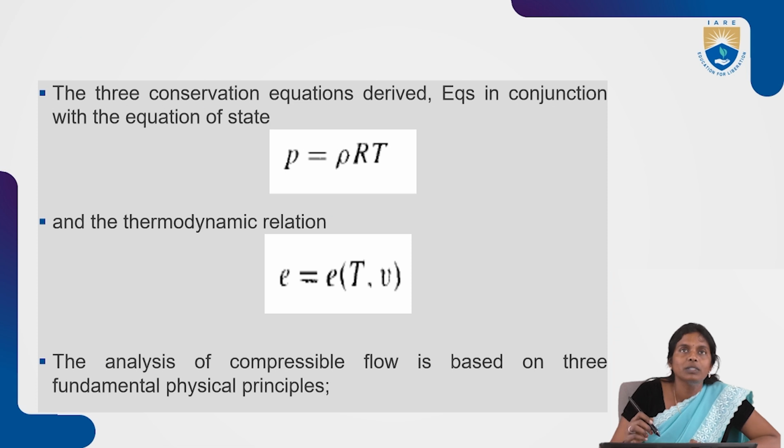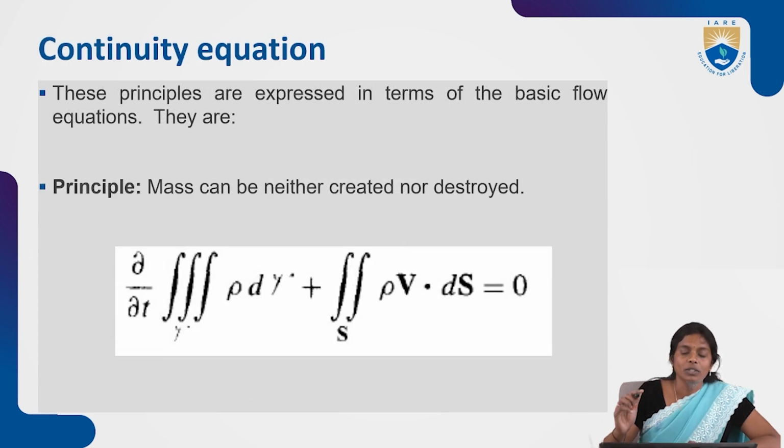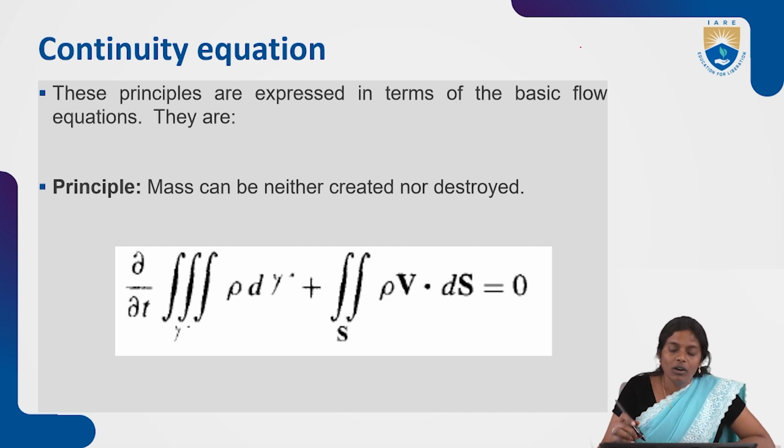Now, apart from the conservation equations which we have taken, we will see the equation of state, that is P equal to rho RT, and the thermodynamic relation, that internal energy is a function of T and V. So the analysis of compressible flow is based on these three fundamental physical principles. Now, concluding all three conservation equations which we have seen, the first is the continuity equation.